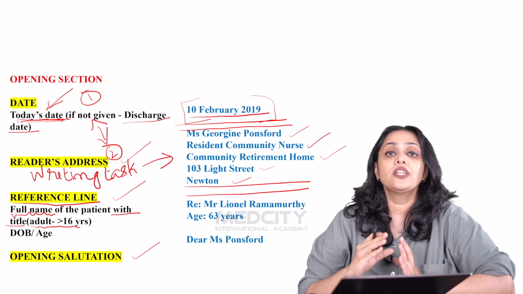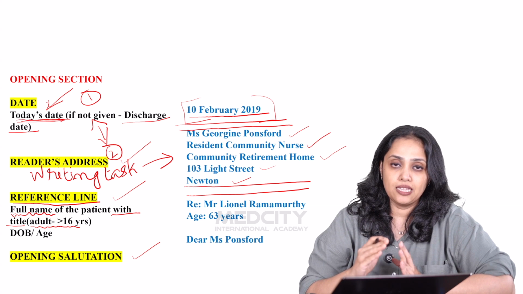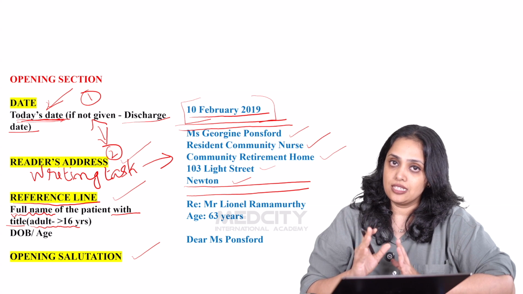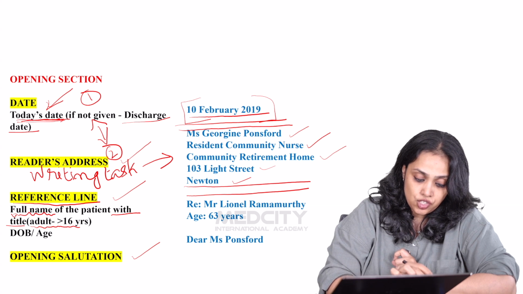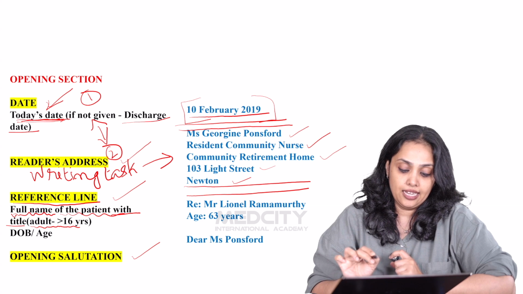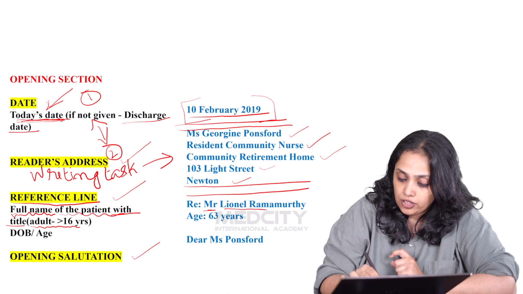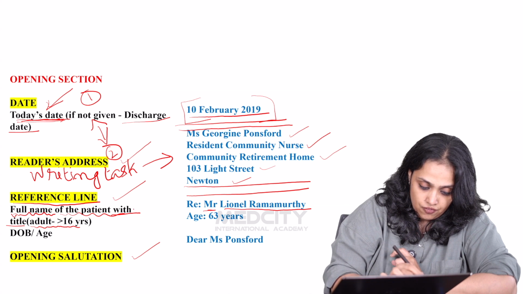The title is given in the case note for the candidate to identify the gender of the patient, but that doesn't mean that you have to use that title in the letter if the patient is a child. So if the patient is an adult greater than 16 years of age, then the full name with title should come in the RE line. As you can see here, first the title and the full name have been mentioned.